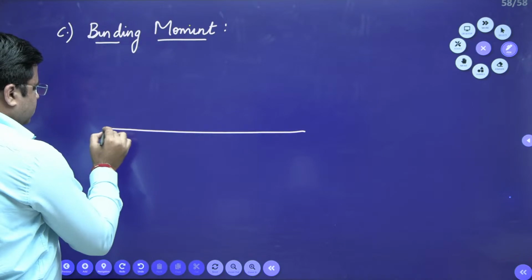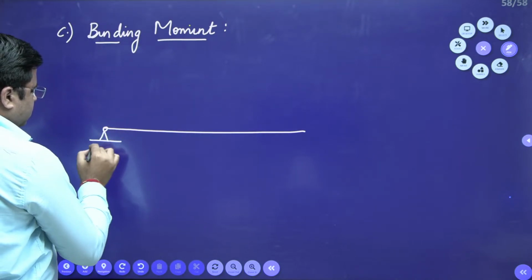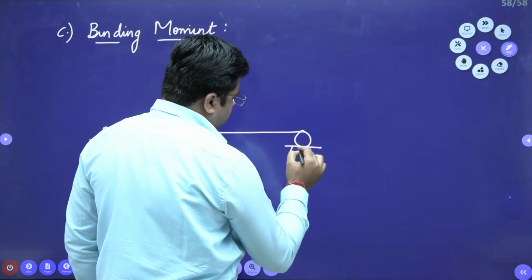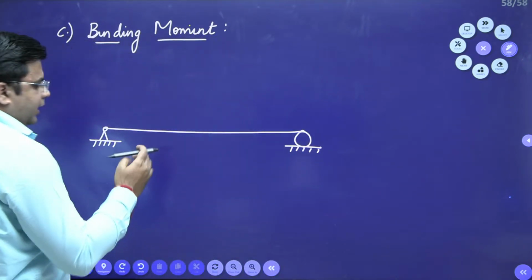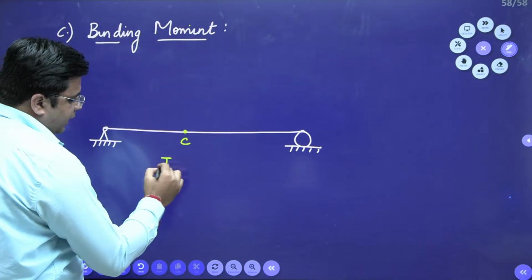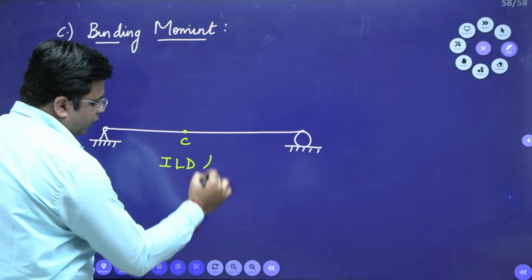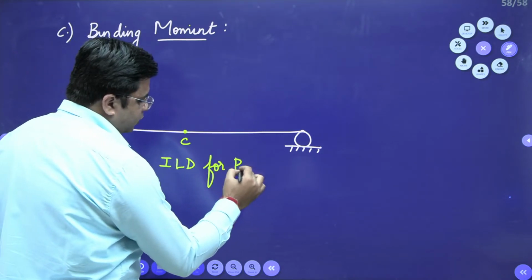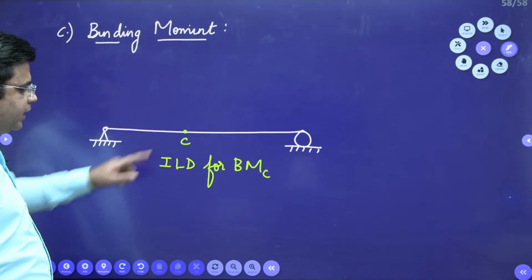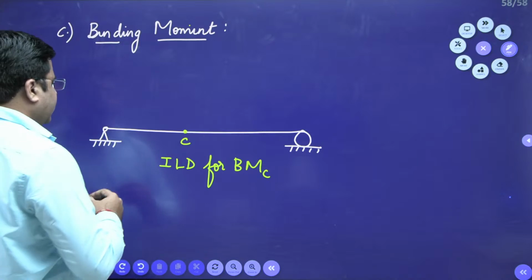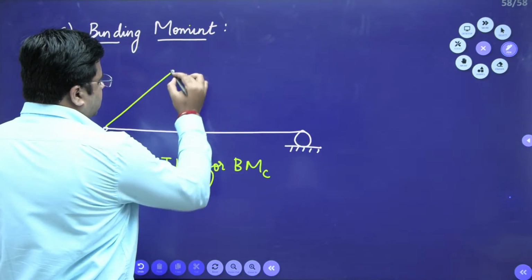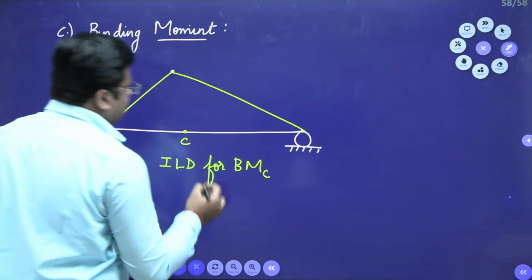For suppose this is your beam, and at any point C, you need to draw the ILD for bending moment at C. So, what you have to do is just imagine an internal hinge at this point and give a unit rotation at C like this.